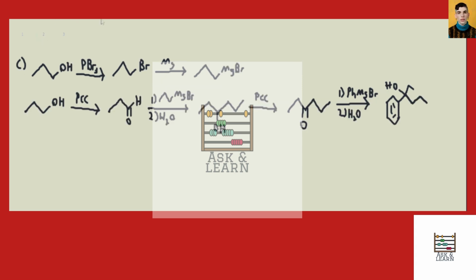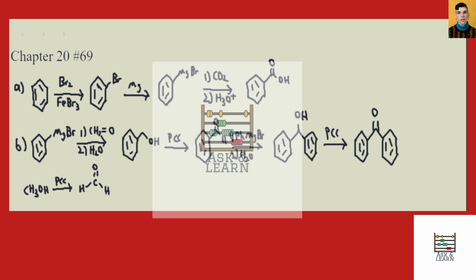Here's part C again, and here are parts A and B. And the key here, since we're told we have to start from benzene and 3 carbon or fewer alcohols, is that anything that we need that isn't either benzene or a 3 carbon or fewer alcohol, we have to make from those reagents.